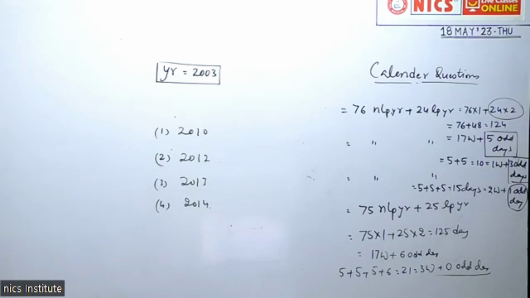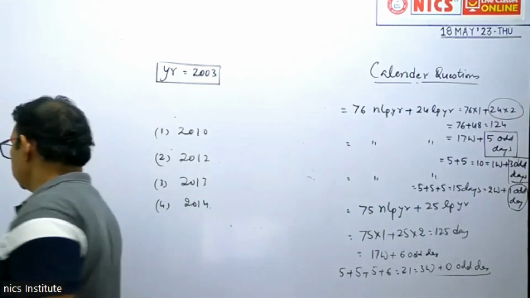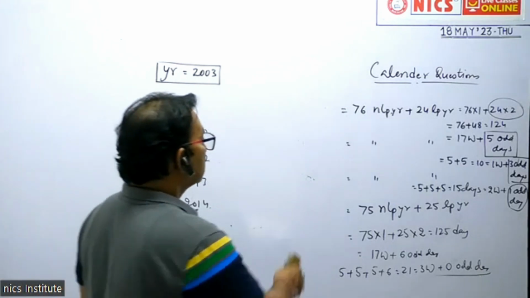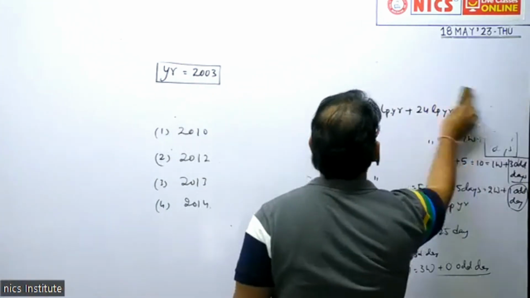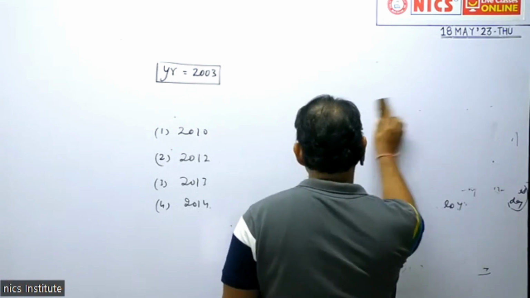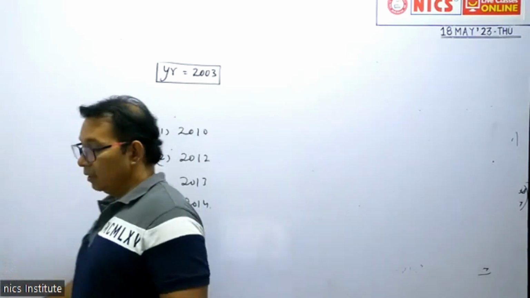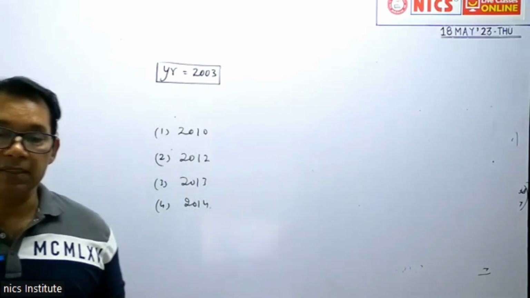You can answer this question by using the concept of odd days. Once the odd days come out to be zero, because a non-leap year has one odd day, a leap year has two odd days.